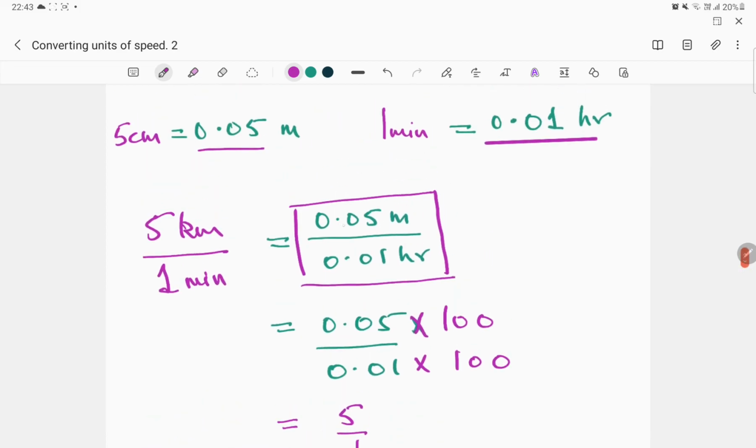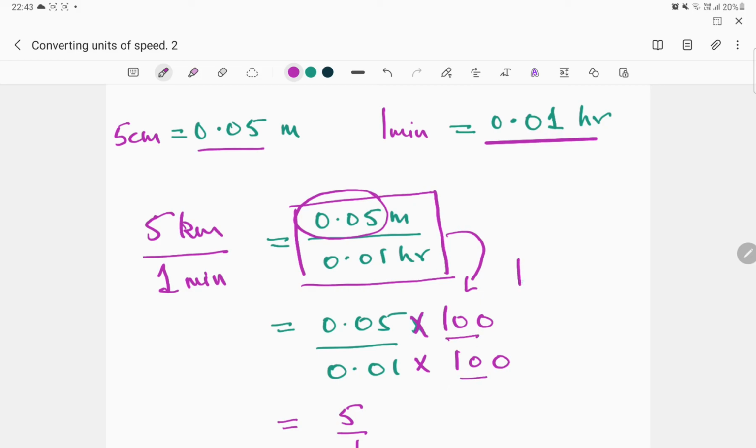Now how do we divide decimals by decimals? I've taken the liberty of explaining the math here. If you ever have to divide a decimal value by another decimal value, you have to remove these decimals. You have to convert these decimals into whole numbers. I am multiplying both the numerator and denominator by 100.